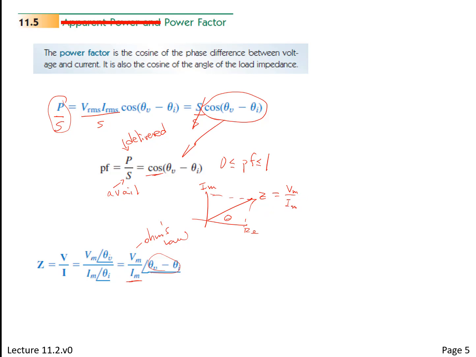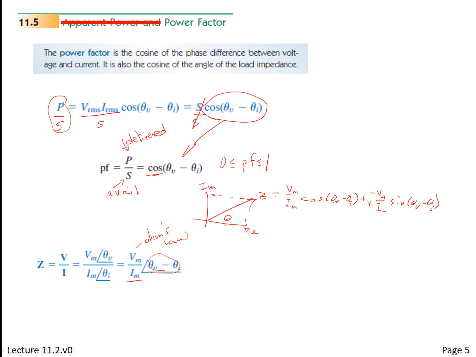The real part is going to be the cosine of theta v minus theta I, plus j Vm over Im sine of theta v minus theta I. In other words, it's just the projections of that angle.